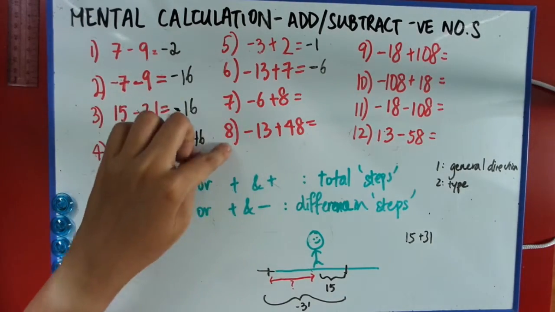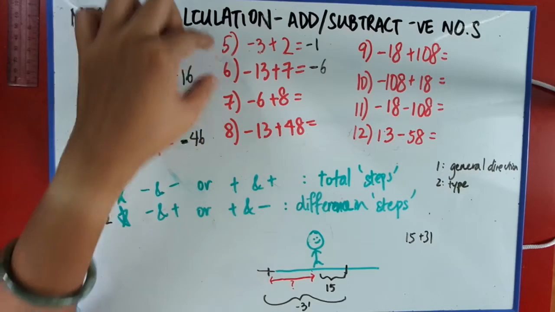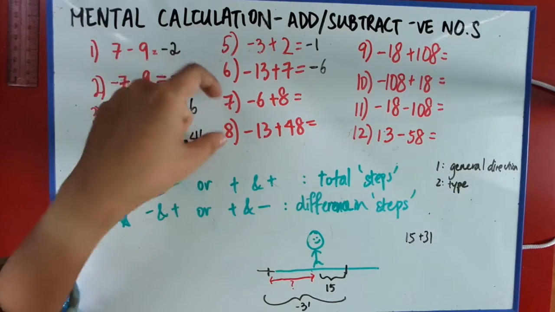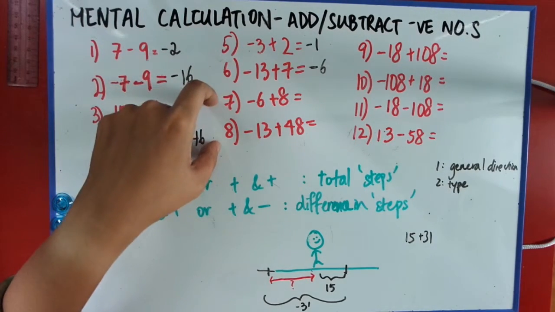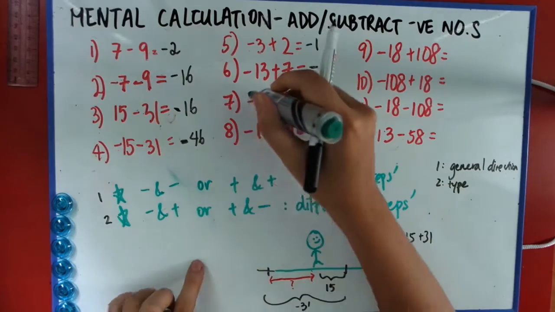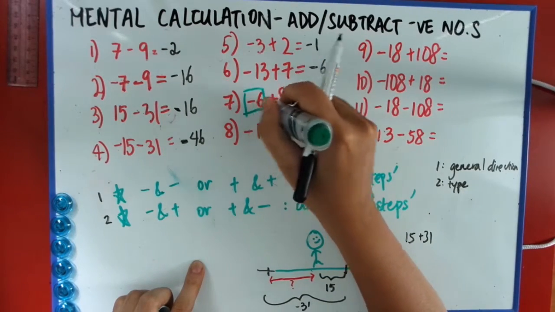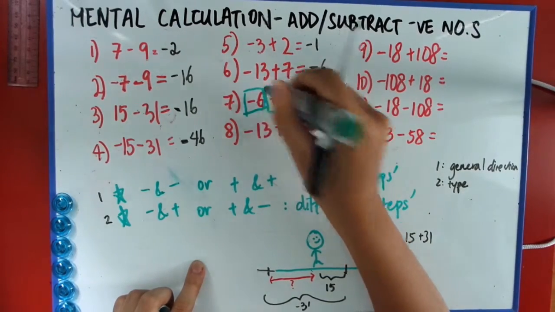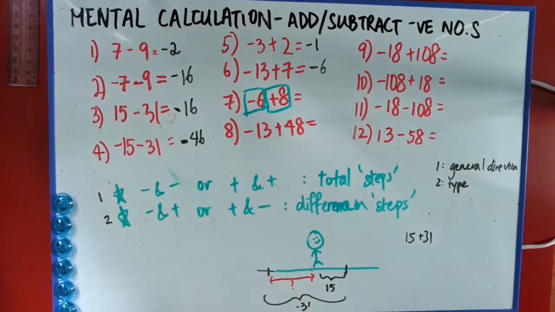Now, questions 7 and 8 are pretty much like 5 and 6, if you can tell that they are similar in type. But I wanted to write this to teach you something new. Another technique you can use is changing the order of the numbers. You can see minus 6 plus 8.